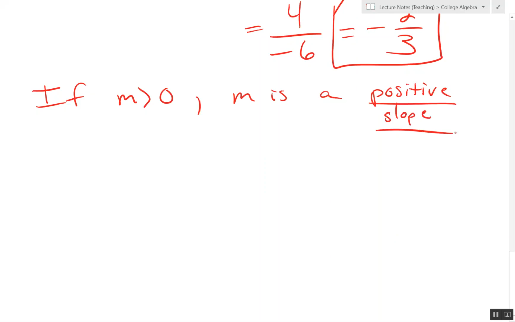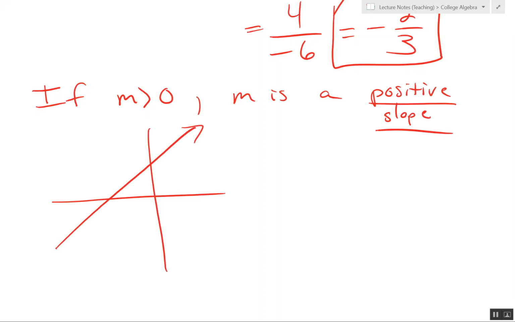We're going to see in a future section that if m is greater than 0, then our lines are going to look like this. They are going to rise to the right as x gets larger.